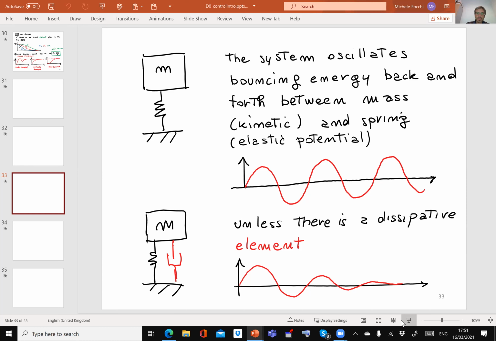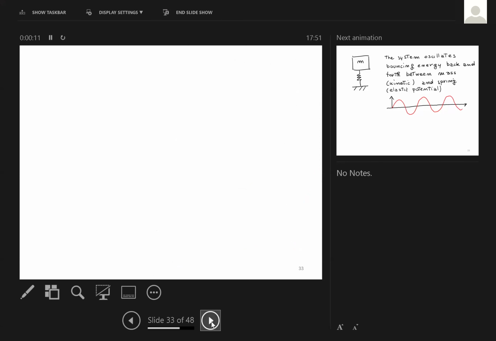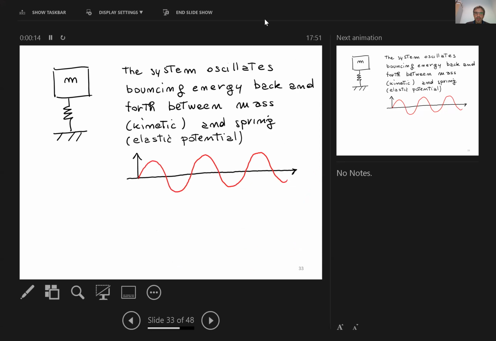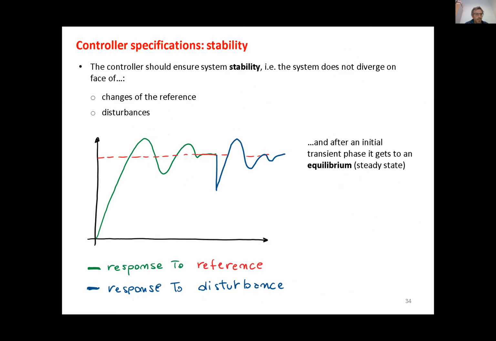Okay, we're almost there. Can you see the screen? Sì, ma potrebbe mettere in schermo intero? No, no, ok. Ok. Sorry about that.